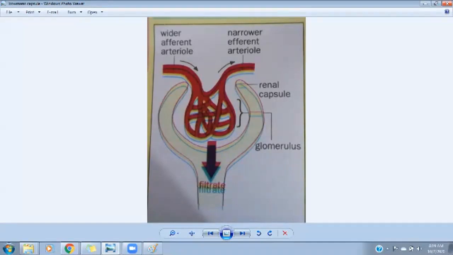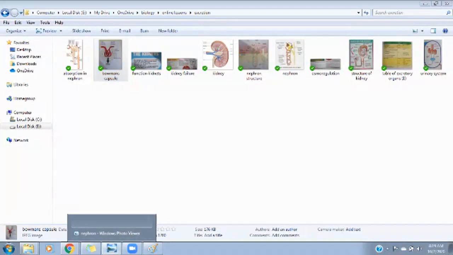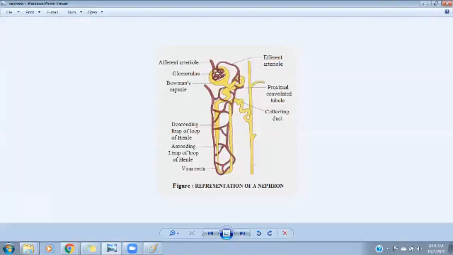And a similar action is also going to take place here in the first convoluted tube.